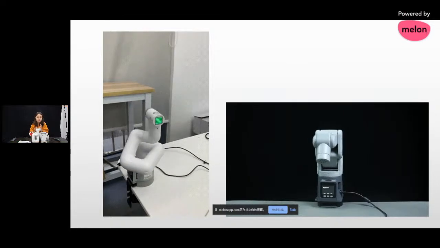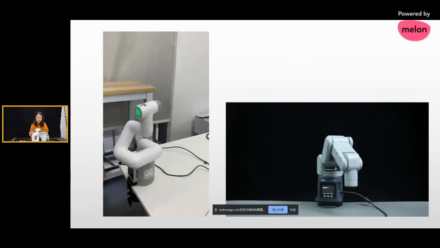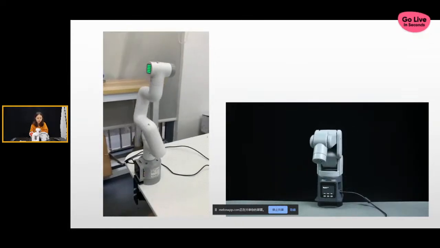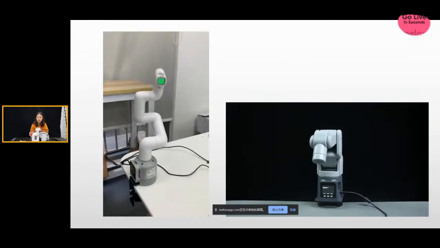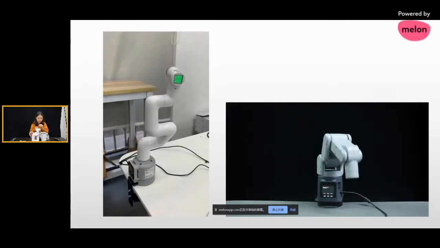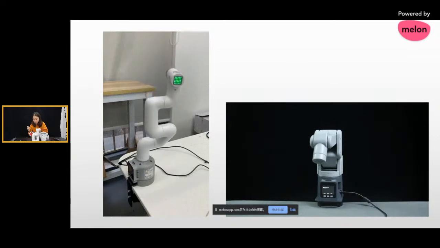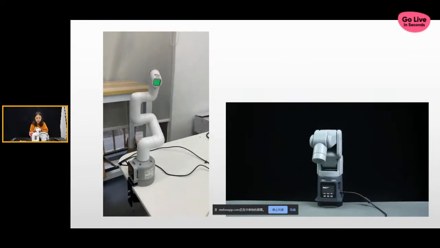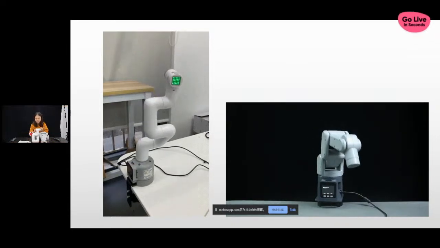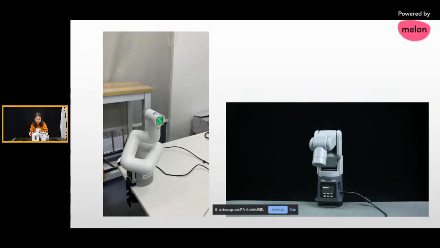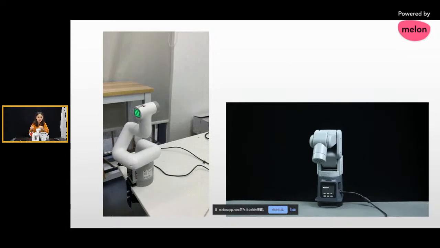They are designed for individual development, research, or education. That means they cannot be used continuously for a very long time, and if you have used it for a very long time, the server might overheat and harm the robotic arms.